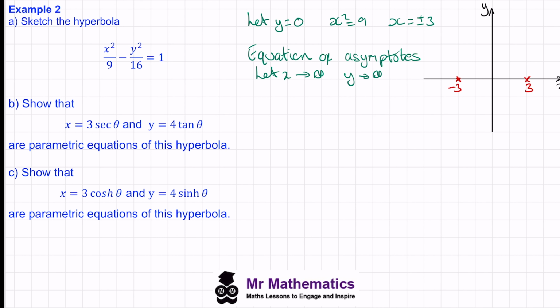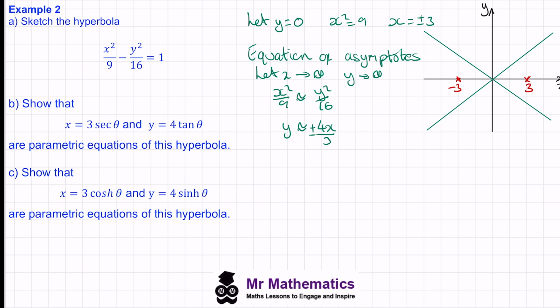So now this 1 will become negligible, and we'll get x squared over 9 will be approximately equal to y squared over 16. Then we can move this 16 to the left-hand side and take the square root of both sides. So we'll have y is approximately equal to 4x over 3 plus or minus.